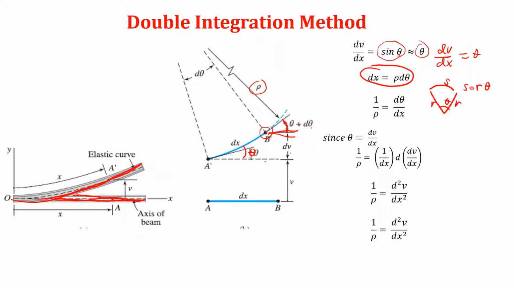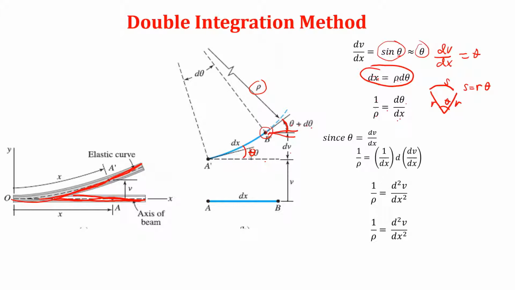So, for this one, the arc length dx is equal to the radius rho times the differential theta. Okay? So, therefore, you can say that 1 over rho is equal to d theta over dx, right?